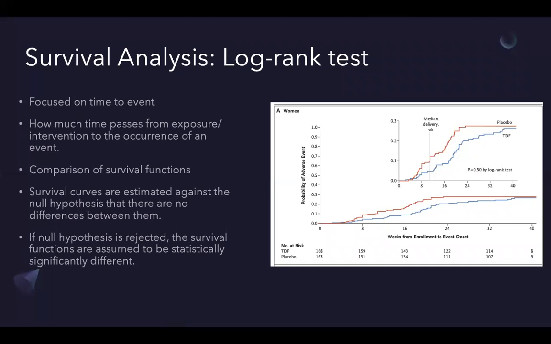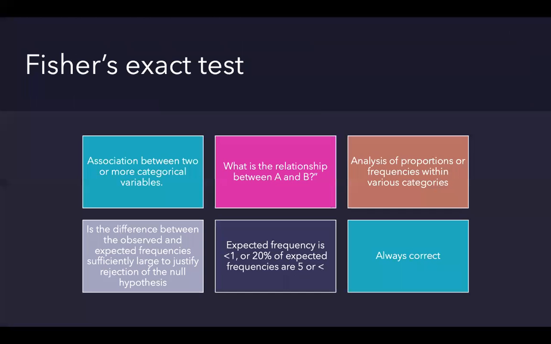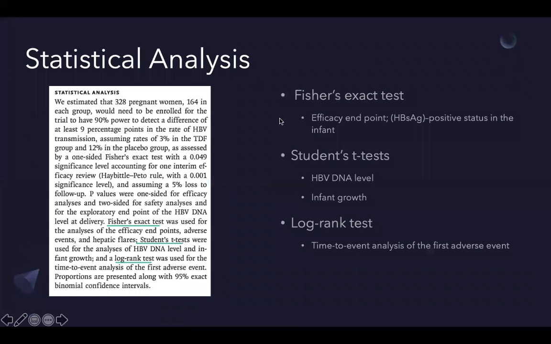In this case, the survival functions are given by Kaplan-Meier estimators, and then the log-rank test is used to compare the difference between both curves against the null hypothesis. If the null hypothesis is rejected, the survival functions are assumed to be statistically significantly different, and that's what we're looking for.